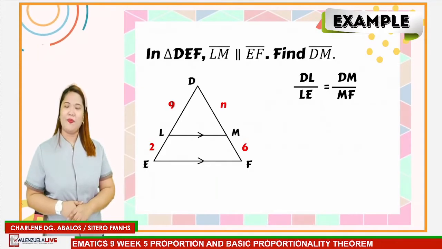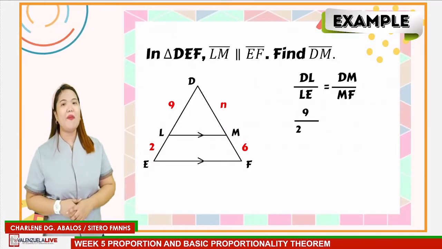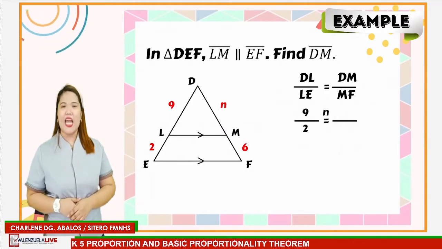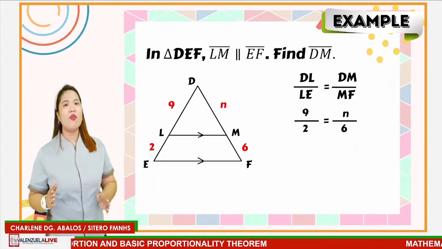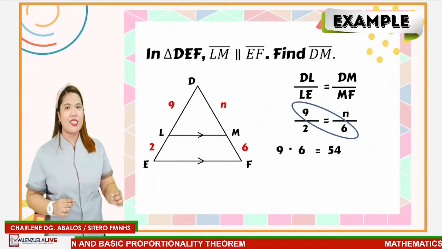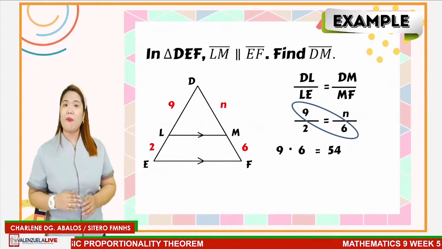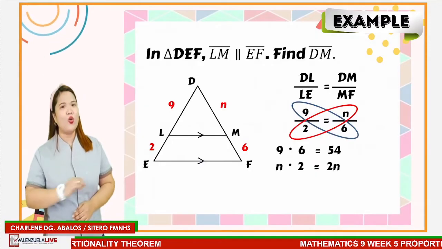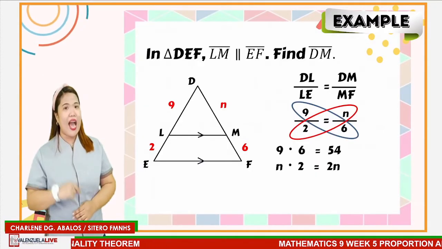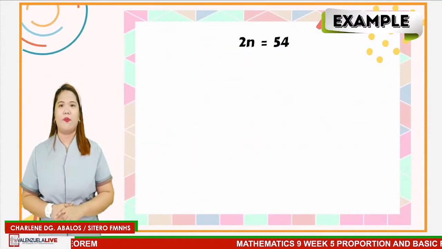DL is 9, LE is 2, DM is n, and MF is 6. Multiply the extremes, which are 9 and 6, it will give you 54. Multiply the means, which are 2 and n, it will give you 2n. We have 2n equals 54.